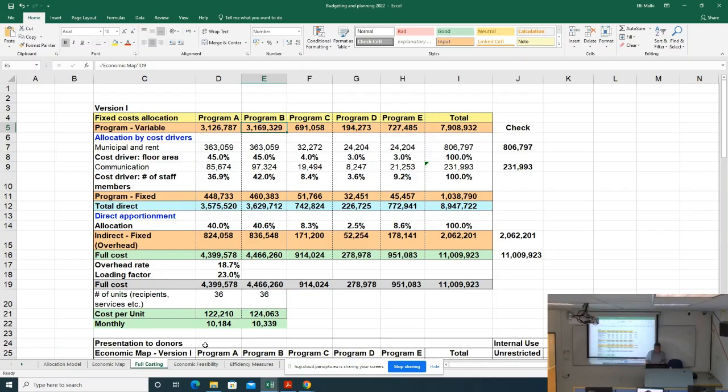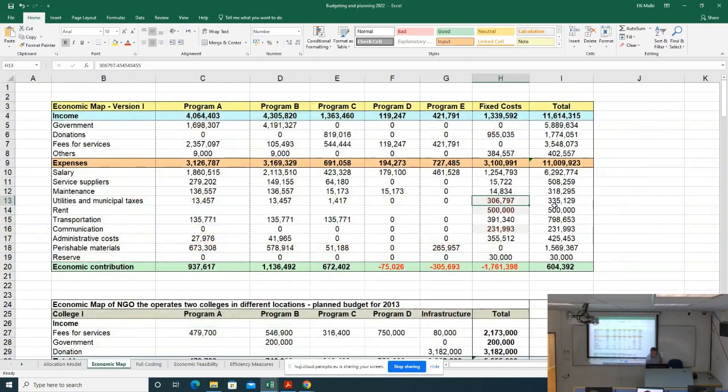Now, once I define that, I need to define what are the items that I want to allocate. So municipal and rent, you can see here the figure 806,000. If we go here, these are exactly these two.